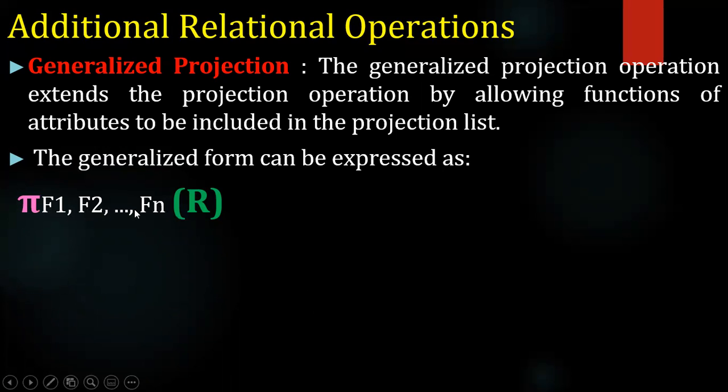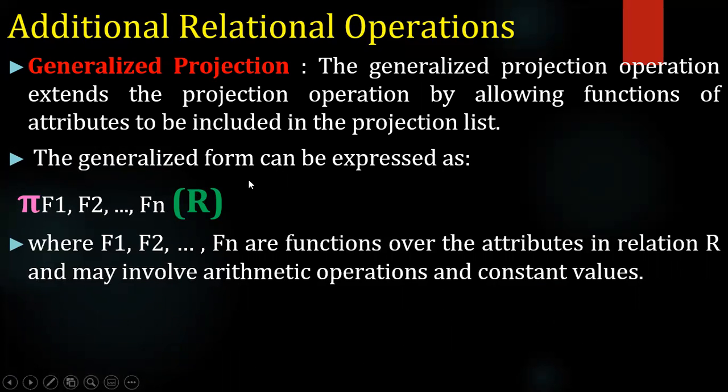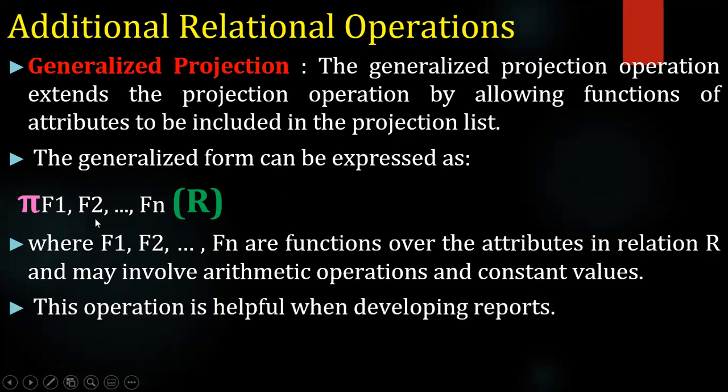So these are different functions from R. These f1 to fn are functions which can be applied on different attributes of the relation R. Then, as I said, for retrieving incremented salary or decremented salary, for that we have to use generalized projection.